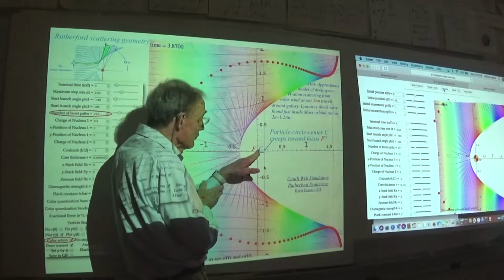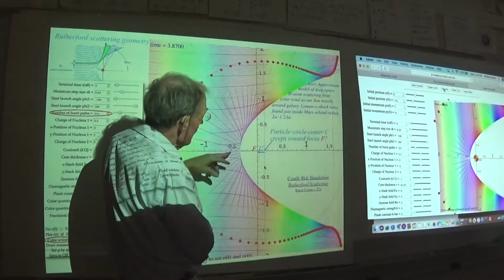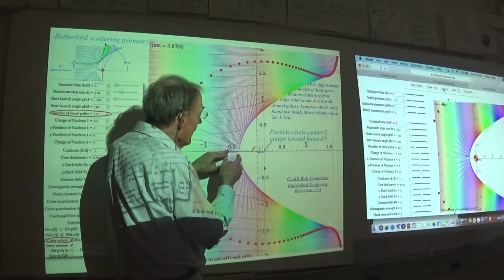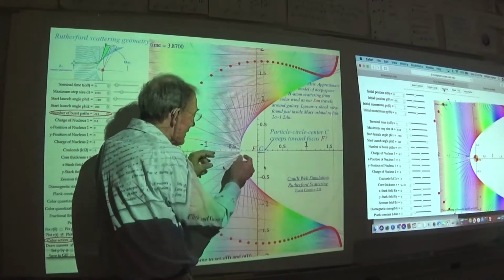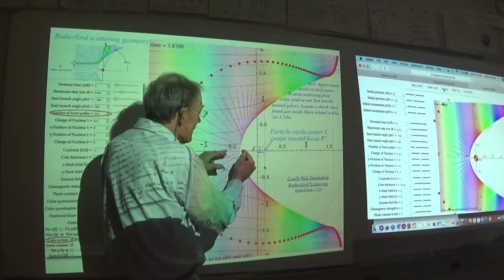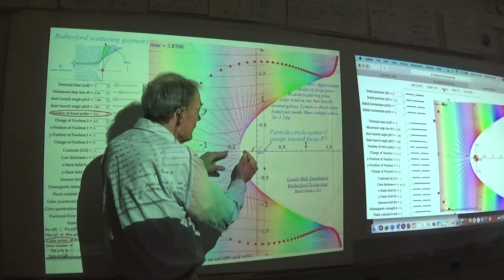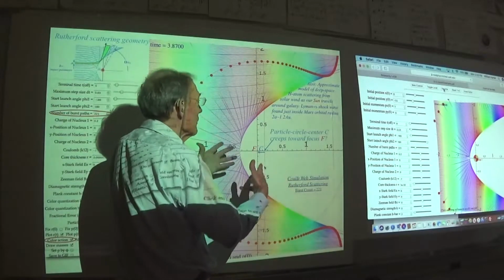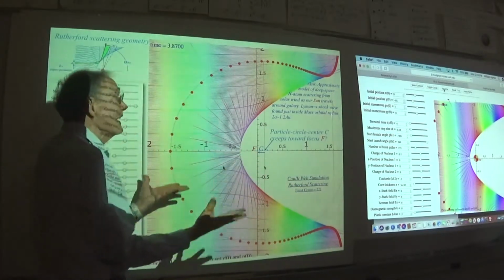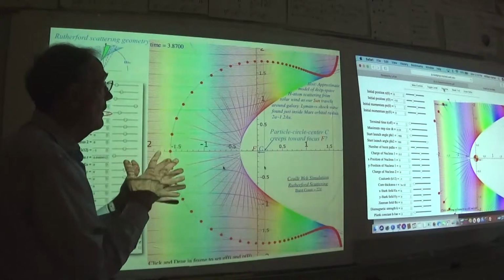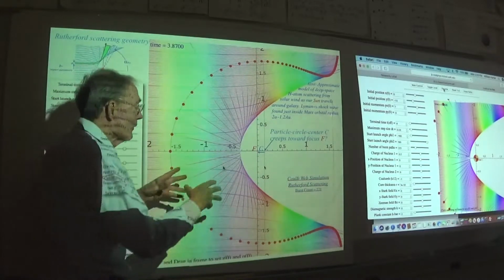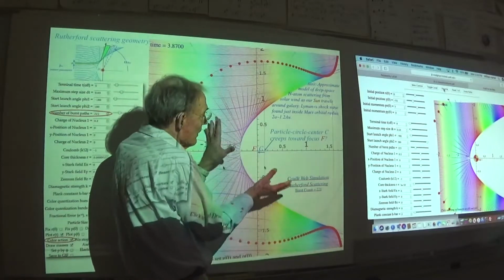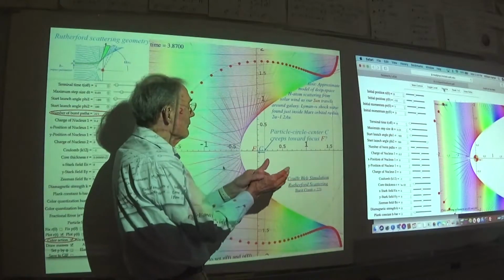Imagine the sun is right here and Mars is about here, and Earth is a little bit closer. In any case, the idea is that the solar wind is mostly light, but also many particles that are thrown out by the solar wind. But let's just look at the optical stuff that's coming out.